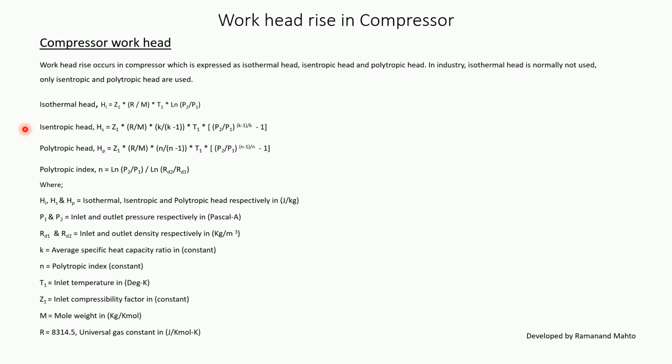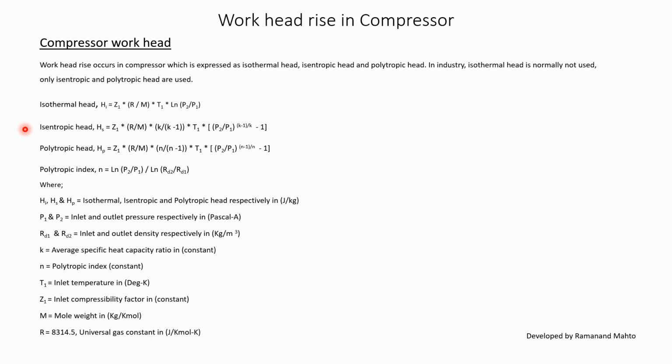Isentropic head का है HS is equal to Z1 into R by M into K upon bracket start K minus 1 bracket close into T1 into bracket start P2 upon P1 to the power K minus 1 bracket close upon K. Similarly, polytropic head HP is equal to Z1 into R upon M into N upon bracket start N minus 1 bracket close into T1 into bracket start P2 upon P1 to the power bracket start N minus 1 bracket close upon N, where N क्या है?